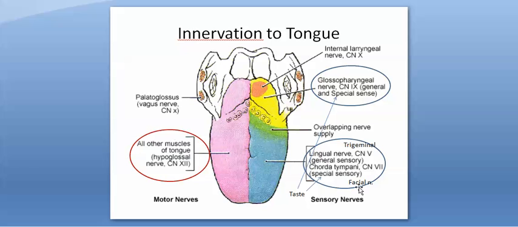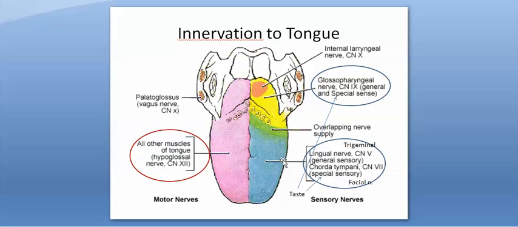Glossopharyngeal is responsible for the posterior third of the tongue in terms of general sense and taste. Whereas for the anterior two thirds of the tongue, we have trigeminal responsible for general sense.